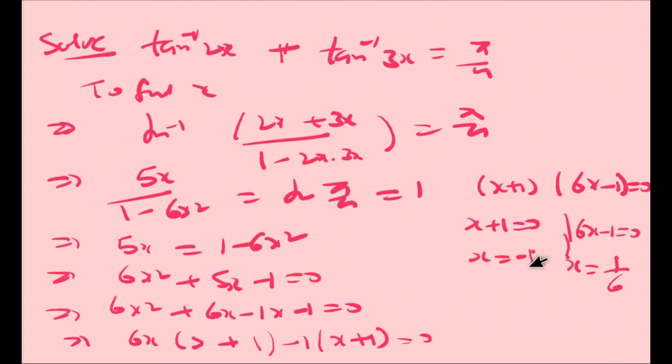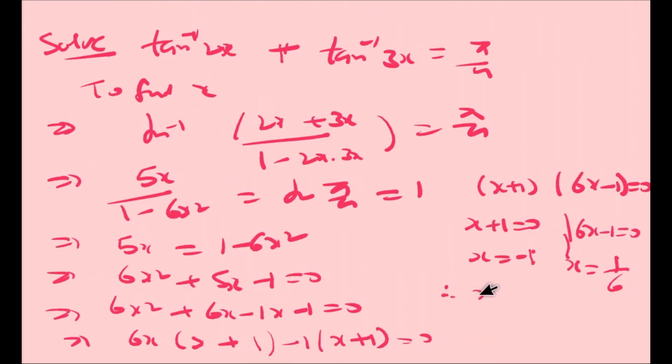Now we have to check whether minus 1 and 1 by 6 are both possible here or not. So if we put here minus 1, then what do we get here? 10 minus 2, 10 minus 3, taking the minus common, this is negative but this is positive, so we leave the minus 1.